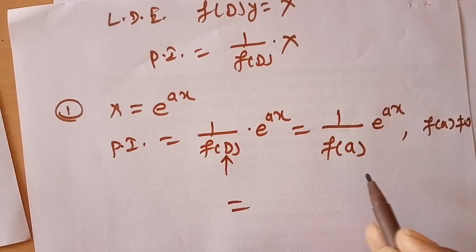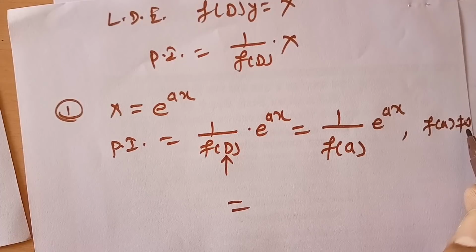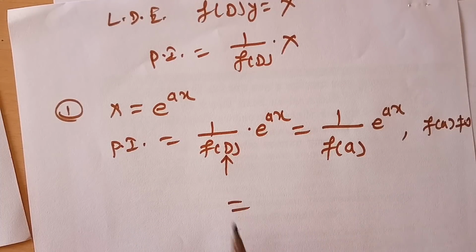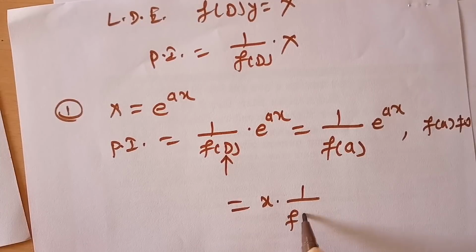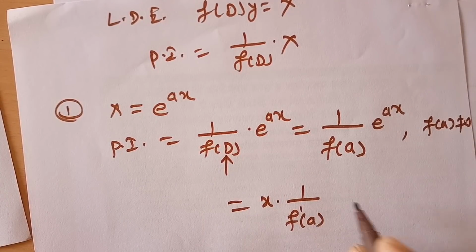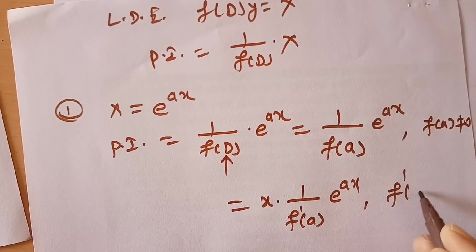Sometimes suppose it may happen that f of a equal to 0. The proof is very easy, but I am not discussing the proof, I am directly giving the formula. If f of a is equal to 0, then in this case we can write 1 upon f dash, its derivative, with D replaced by a, e raised to power x, provided that f dash of a is not equal to 0.